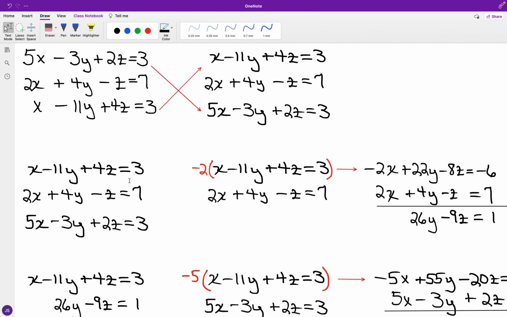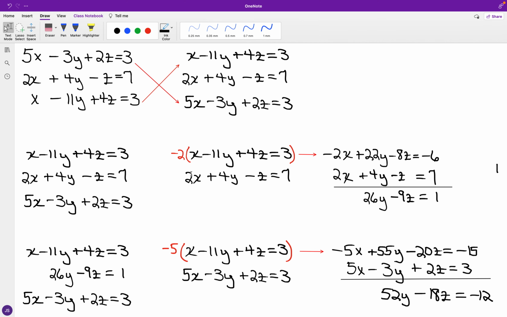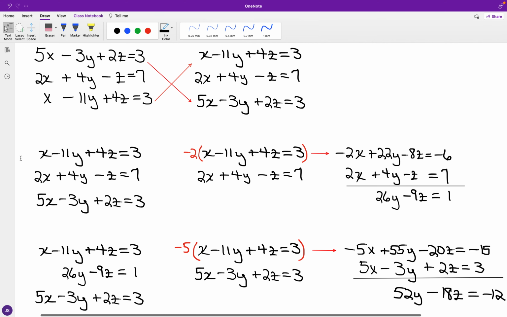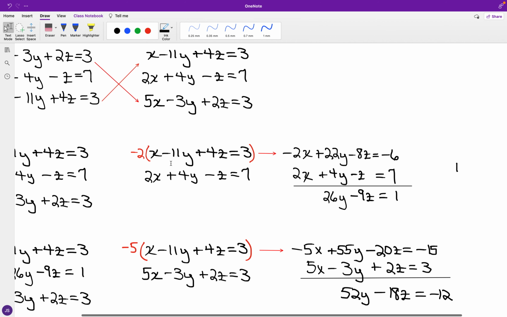Working with the top two equations, that which is going to eliminate the presence of 2x is negative 2x. So I'm going to multiply the top equation by negative 2, and distributing, in the rewrite we've got negative 2x plus 22y minus 8z is equal to negative 6. Duplicating the second equation, again I have 2x plus 4y minus z is equal to 7.